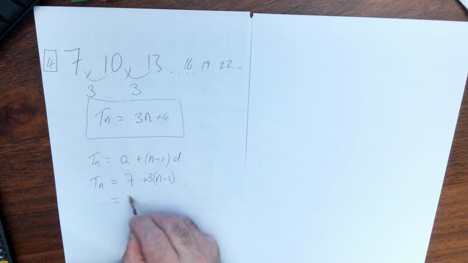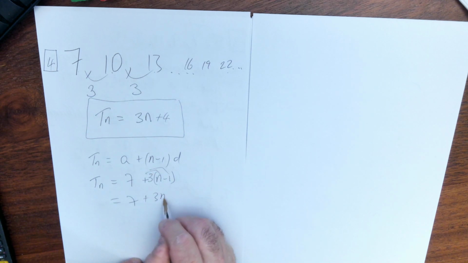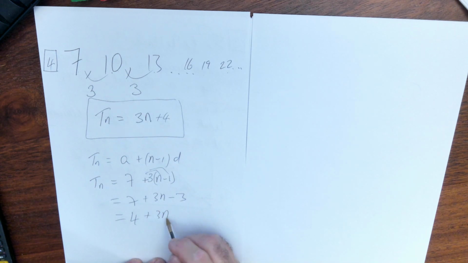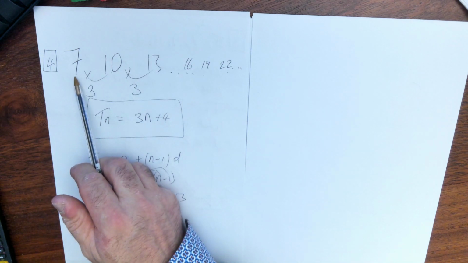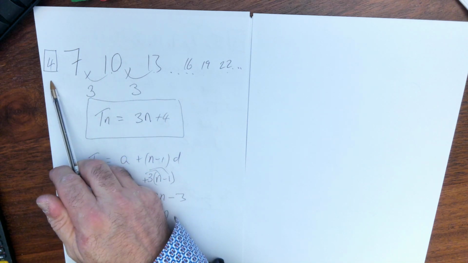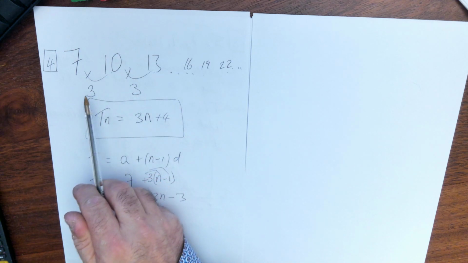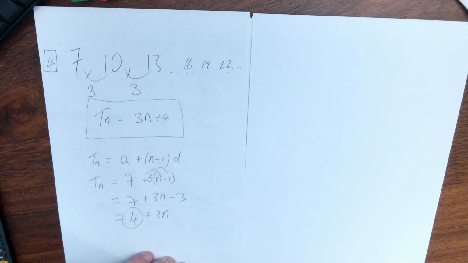After distributing the 3, you'd get plus 3n minus 3, and then you'd get 4 plus 3n, and there you go, that's term naught. Another very quick trick is to double the 7 and take away 10. If you don't want to work out the common difference and then subtract it, you can double the 7, 14, take away 10.